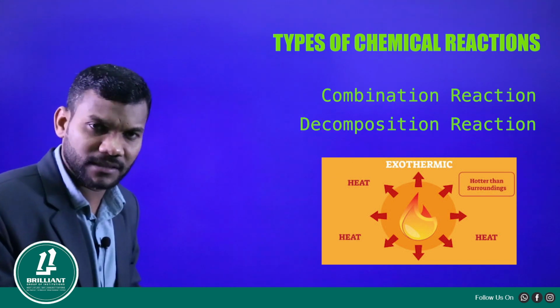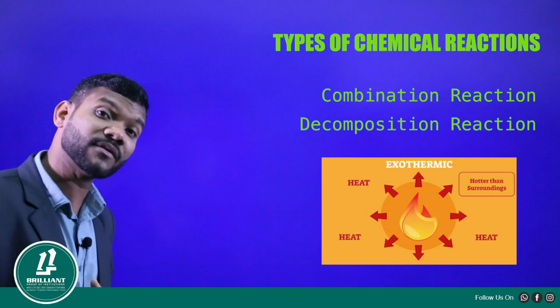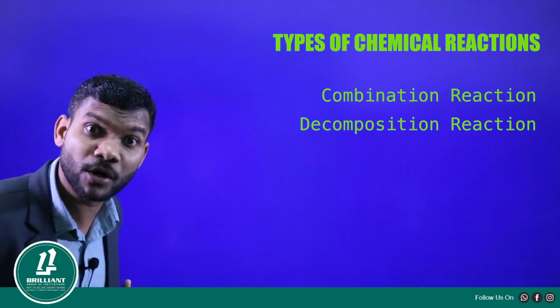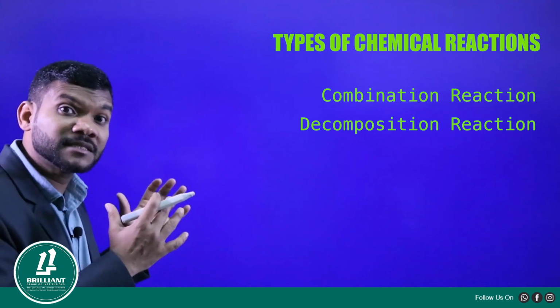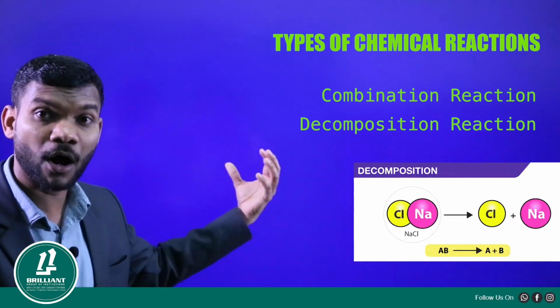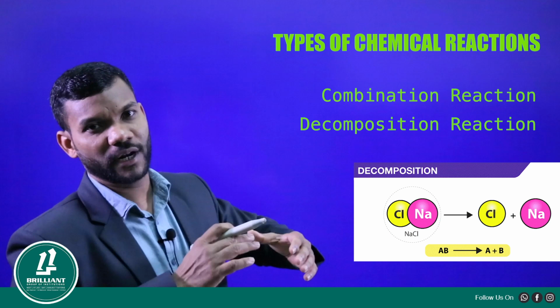The second one we discussed was the decomposition reaction, just the opposite of combination, where a single reactant breaks down into two or more products. We have seen many examples. The remaining reactions, displacement, double displacement, oxidation and reduction, we will discuss in the coming classes. Hope it's clear, my dear students. Thank you, thanks everyone.